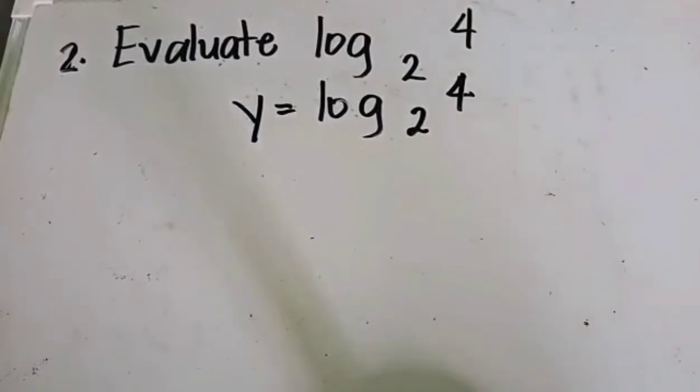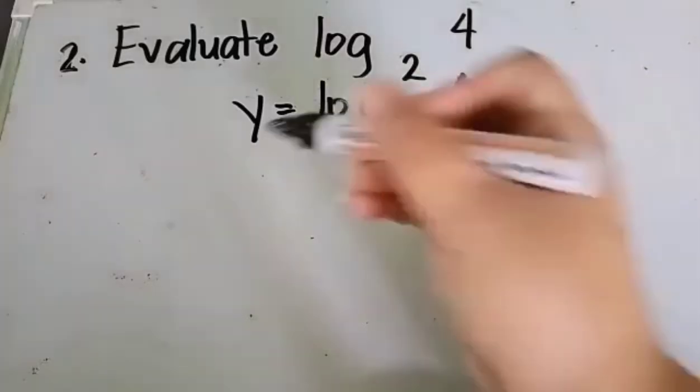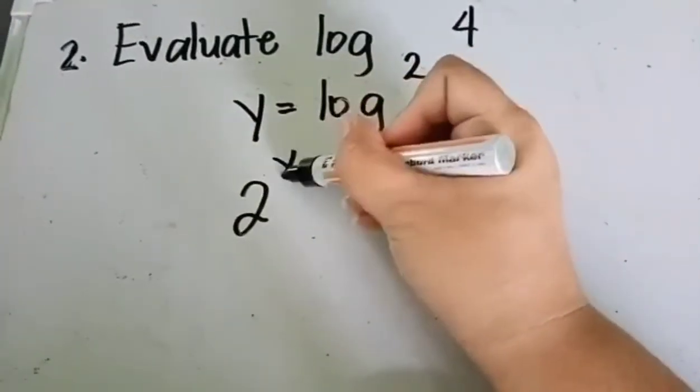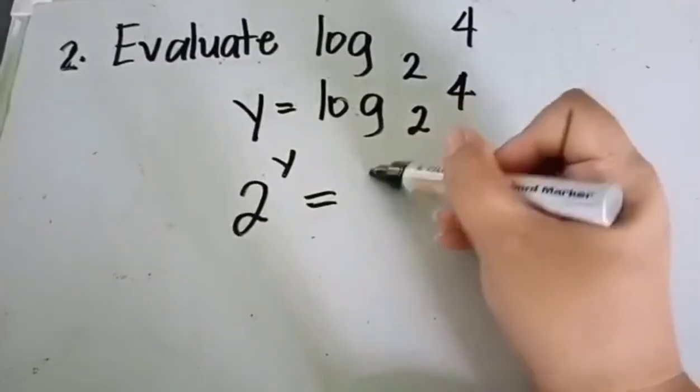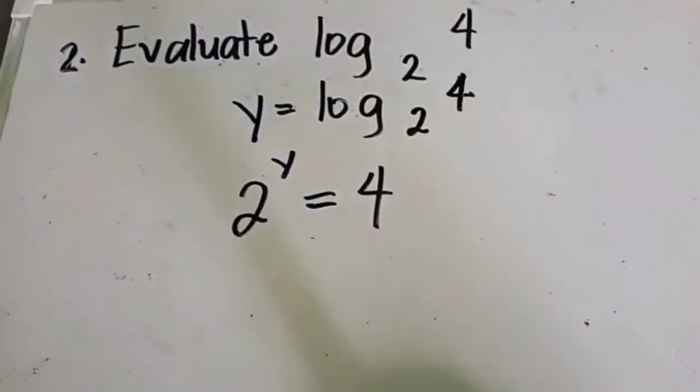And then after that, you are going to express the equation in exponential form. Of course, our base here is 2. We have 2 to the power of y is equal to 4. And then we need to solve the exponential equation, expressing both sides of the equation using the same base.